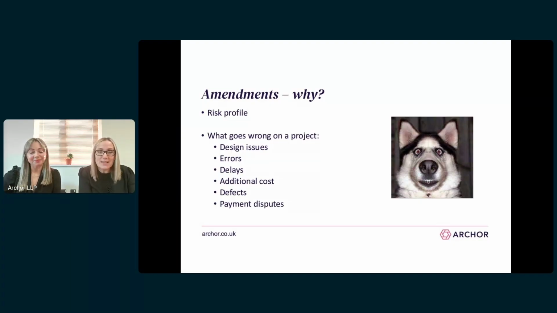Amendments typically reflect the market's position at any given time in relation to high risk items in a contract. So more often than not, disputes relate to these high risk areas such as design responsibility, delays, payments, and parties want to best protect themselves in relation to those areas before entering into the contract.